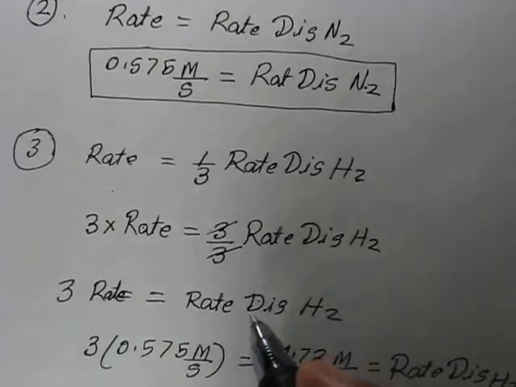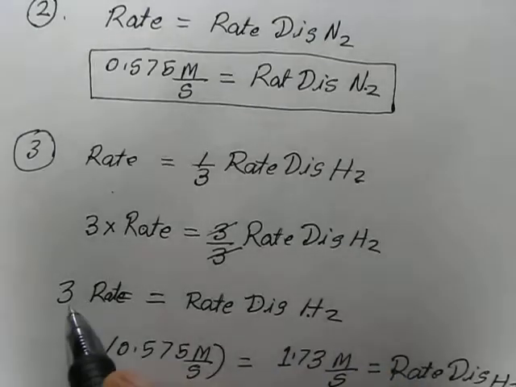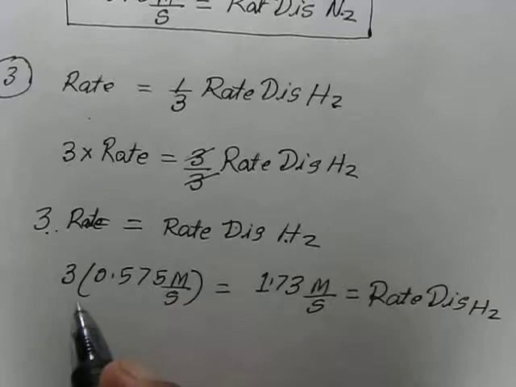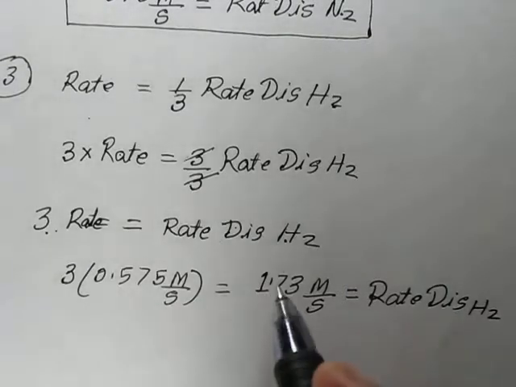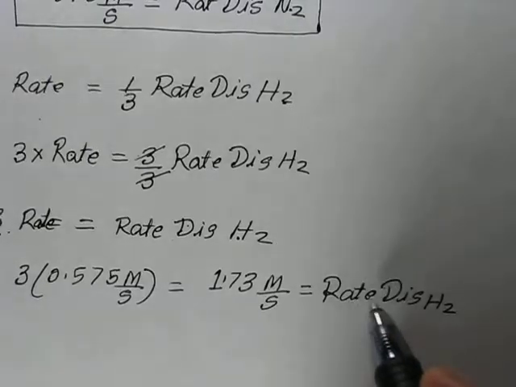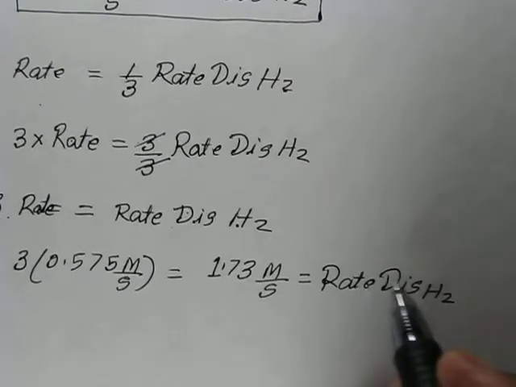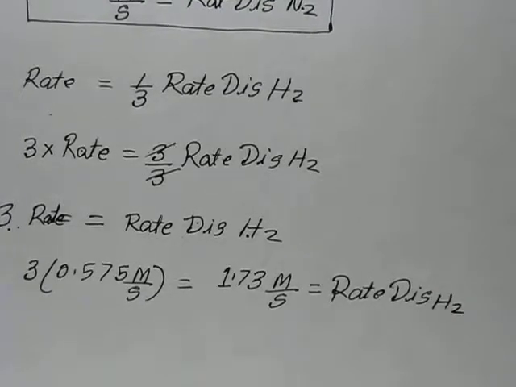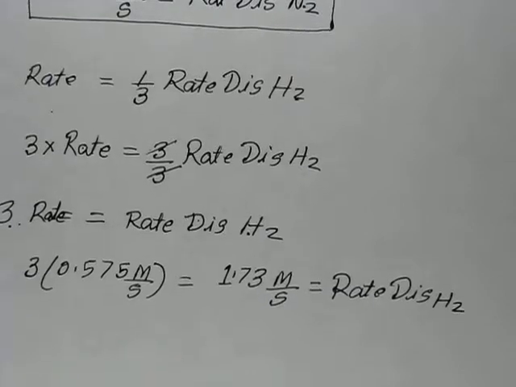So now we can say that the rate of disappearance of hydrogen will be equal to 3 times the rate of reaction, which will be equal to 1.73 molarity per second, and that will be the third answer for the rate of disappearance of hydrogen. So this was the example of how to calculate the stoichiometry from the rate of reactions.